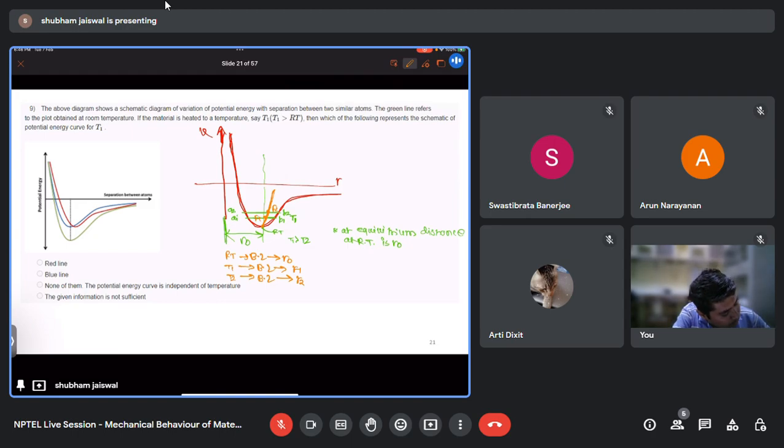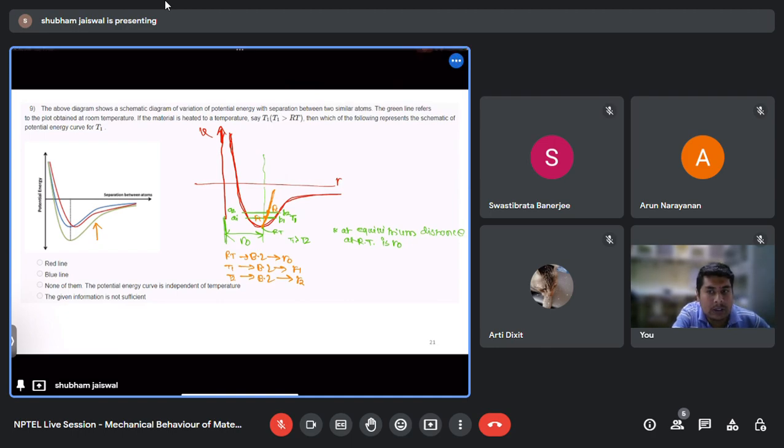So as I increase the temperature, the curve is shifting upwards, and the equilibrium is shifting towards the right. Here in this option, for the blue curve the equilibrium radius is not changing, only the potential energy is changing.